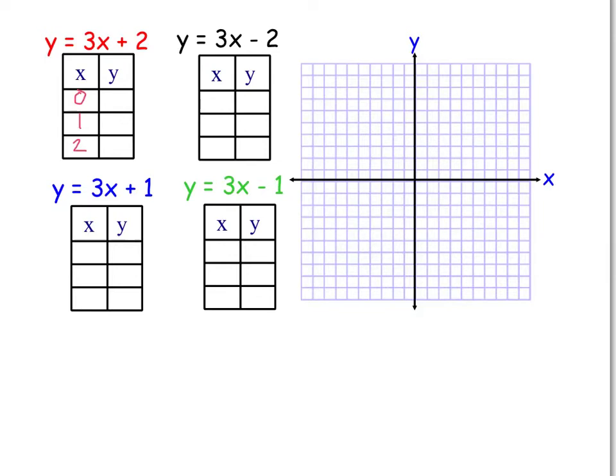So first we're just going to plug it in. 3 times 0 is 0, plus 2 is 2. Okay, 3 times 1 is 3, plus 2 is 5. 3 times 2 is 6, plus 2 is 8. I'm going to graph that: (0, 2), (1, 5), and (2, 8).